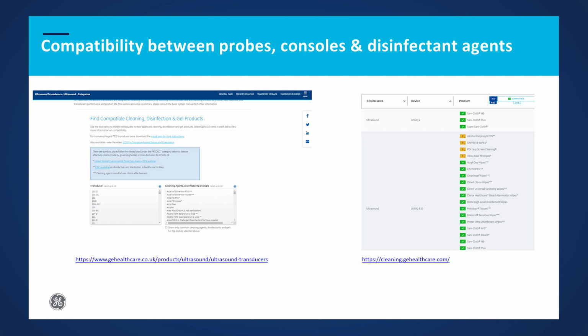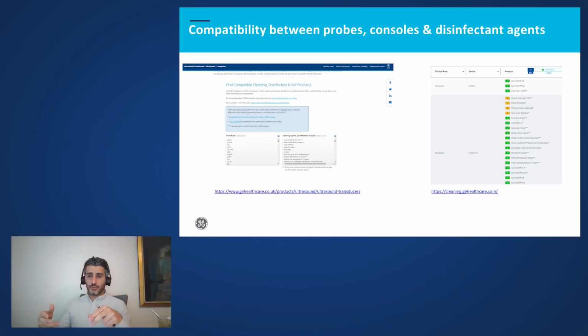You can find the model of the probe you have or the console, and then you will get the list of all the chemicals, all the systems that are compatible for your probe or the console. In this way, you will make sure that you are prolonging the life cycle of your ultrasound system and ultrasound probes.